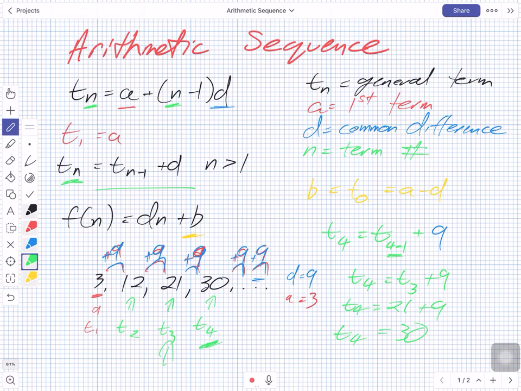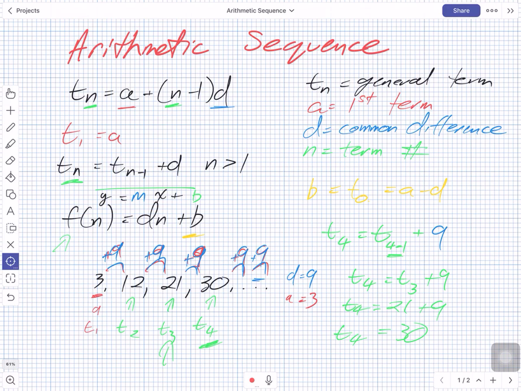It's hard to understand when we're used to looking at functions the way we used to write them. And speaking of that, this would be the equivalent of a function the way we used to write it. In fact, this is very similar. I'm going to bring it right back to grade 9 stuff. This is the same as y equals mx plus b. So arithmetic sequences are technically linear equations.